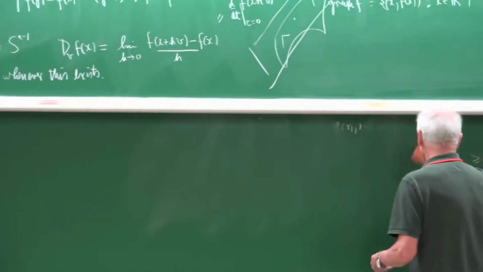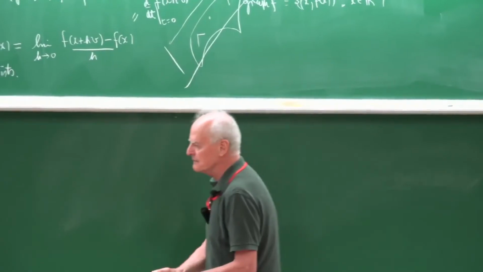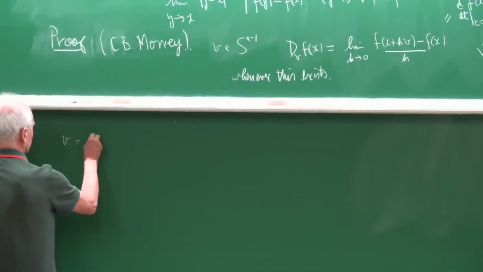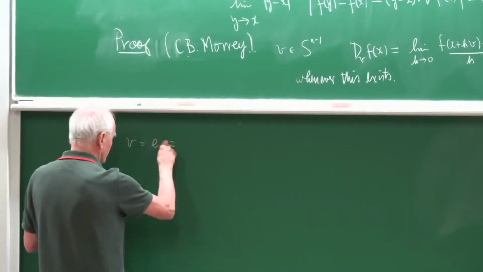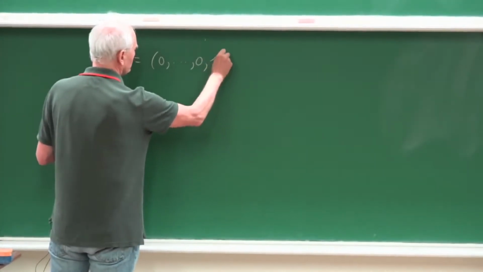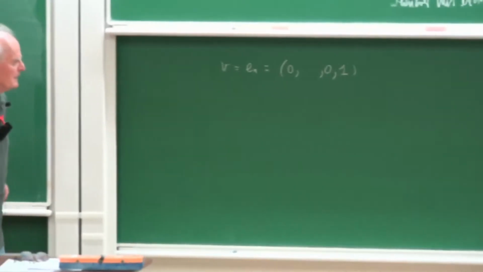So let's do that first. Well, the first step is to take v equals e_n, which is the nth basis vector. That's the one with coordinates all zeros except for the last coordinate, which is 1.